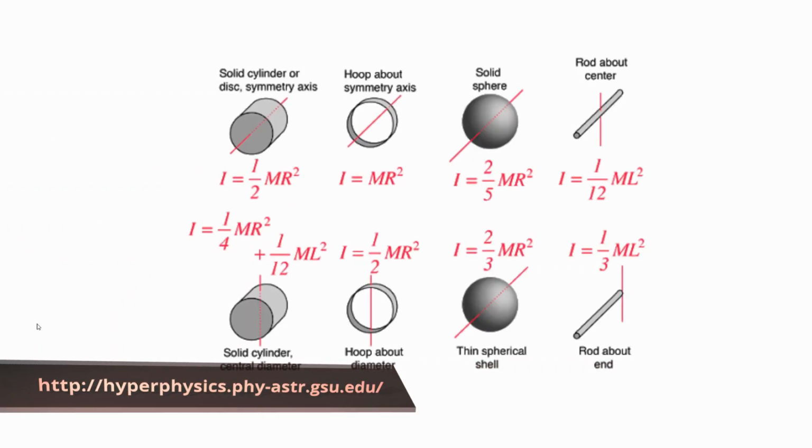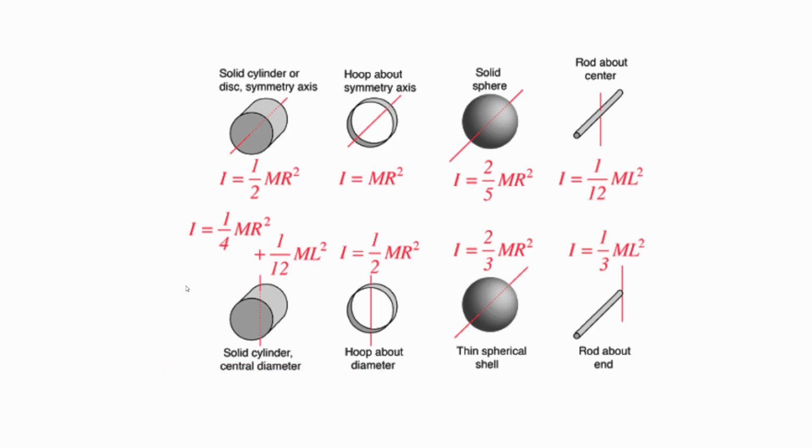Here's a pretty typical table showing some examples of moment of inertia for different shapes rotating around different axes. Don't worry, you're not going to need to memorize any of these. On tests and homeworks, I will give you a table just like this. For a hollow hoop rotating about a symmetric axis, it's kind of like a wheel, and this is kind of the simplest moment of inertia.